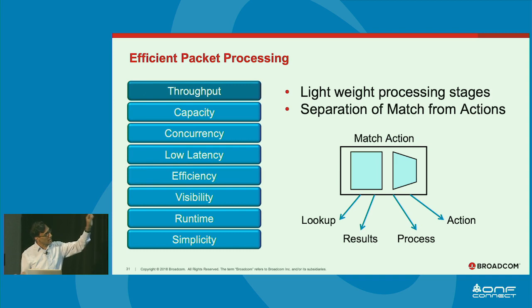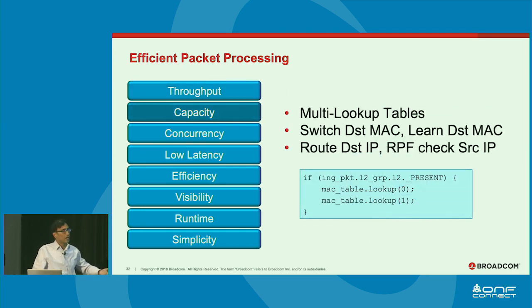So when you look at match action, the primitives are actually lookups, which is a separate concept from result, process and action, okay? And there are a few other blocks that may come in between to make them either more parallel or more rich, okay?